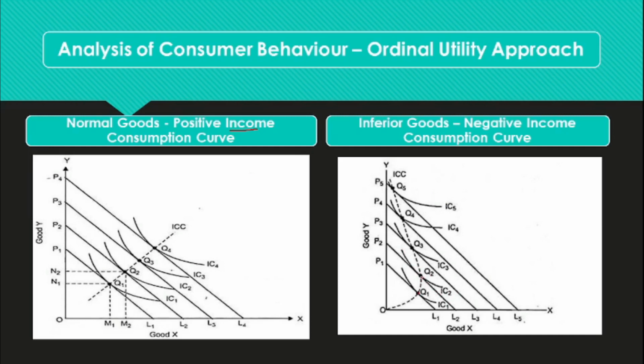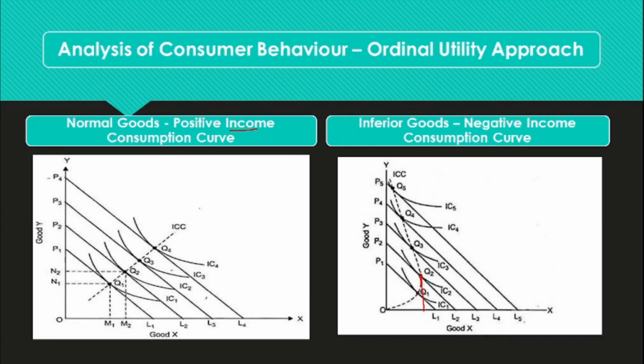Okay, and here we can see that the equilibrium is Q2. Now if you look at Q2 and draw a line parallel to this, we can see that the quantity demanded of good X has not increased. It is almost the same.